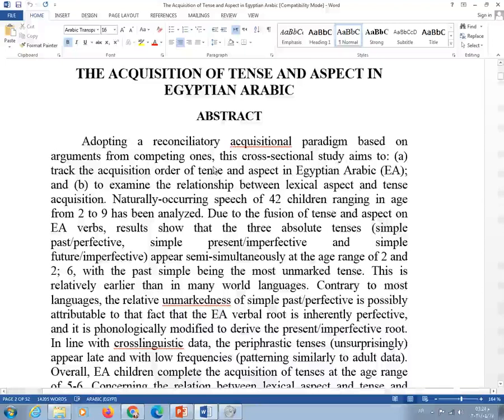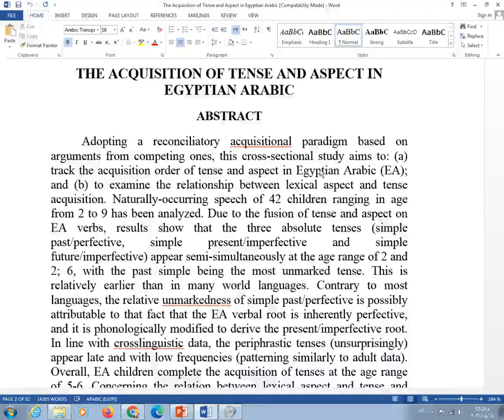This cross-sectional study aims to, I want to explain to you the word cross-sectional here, in order to trace the acquisition order of any linguistic form. For example, here in this case, the acquisition of tense and aspect. There are two ways.